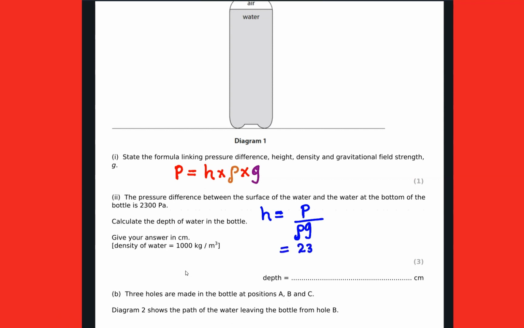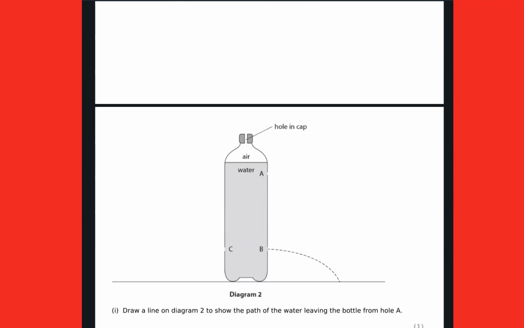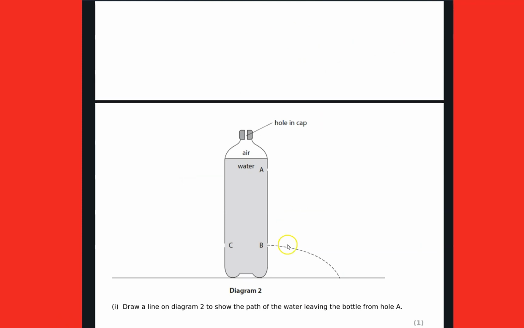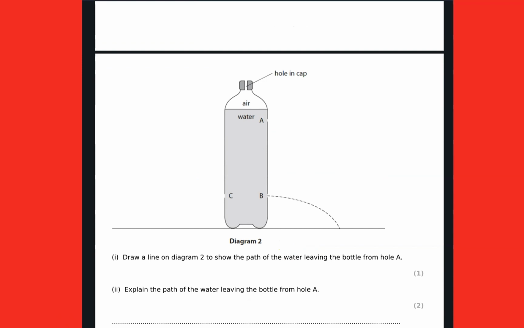Of course, now making h the subject of the formula and substituting our values, density is 1000 times 10, then this becomes 0.23 meters, times 100 in order to get our answer in centimeters as 23 centimeters. And the next question here, the examiner was testing whether you understand how pressure varies with depth.